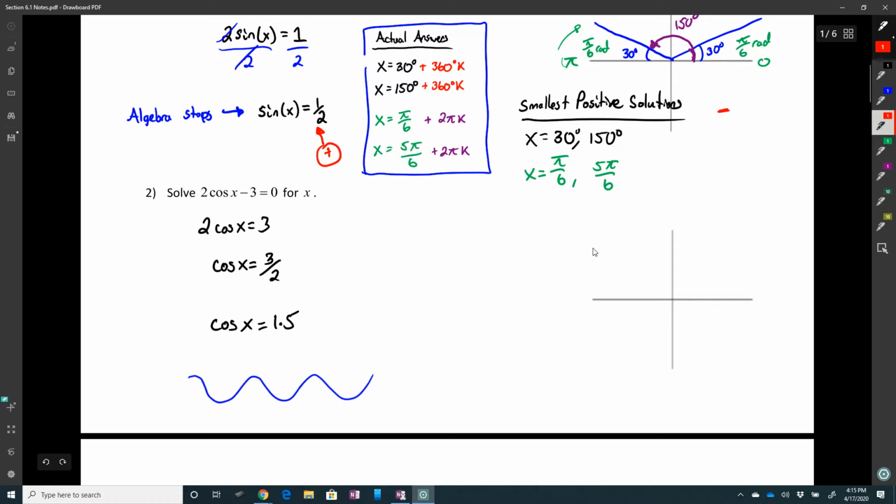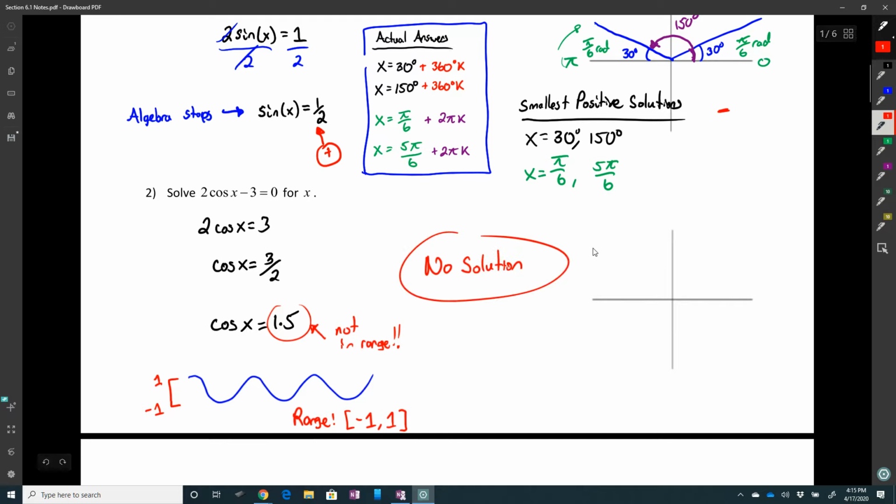The cosine only goes between 1 and -1, meaning that the range of cosine is -1 to 1. So 1.5 is not attainable, not in the range. So cosine of x equal 3/2 never happens. In this case, we would just say no solution.